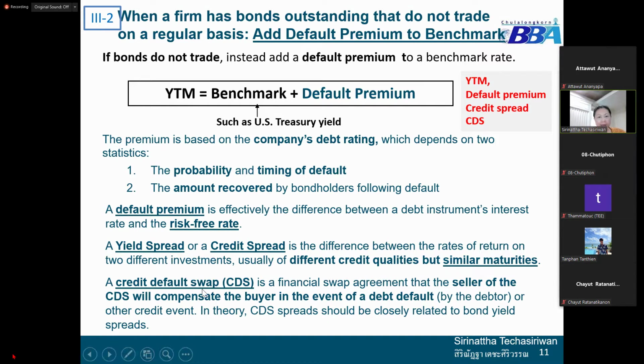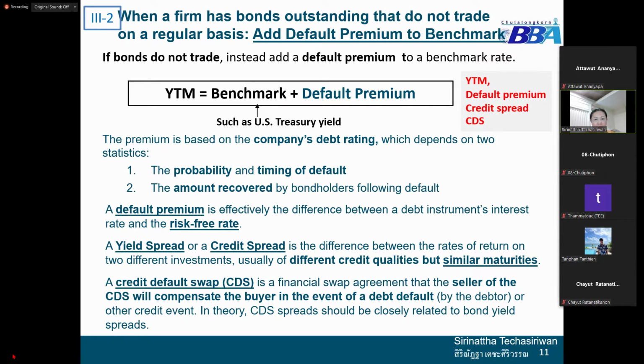So you need to understand the definitions. After you have the number, you can make appropriate further estimation. And the credit default swap: it is a contract in which the seller of the credit default swap promises to compensate the buyer in the event that the debt defaults.